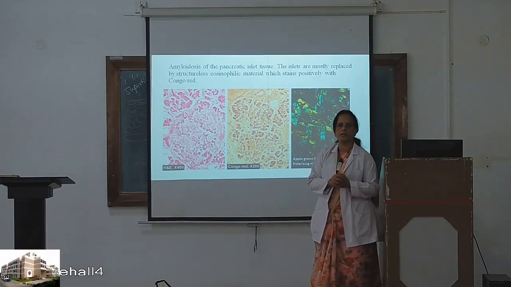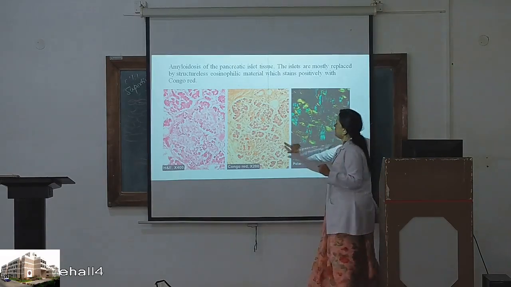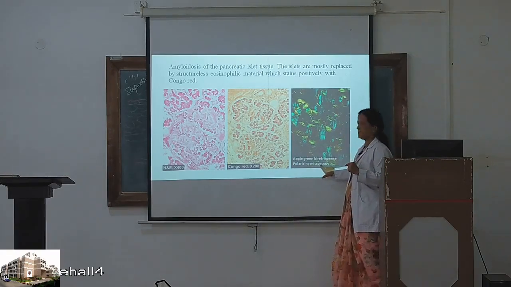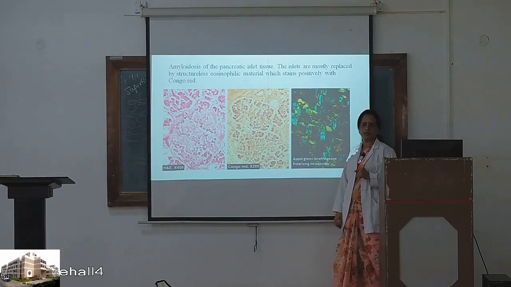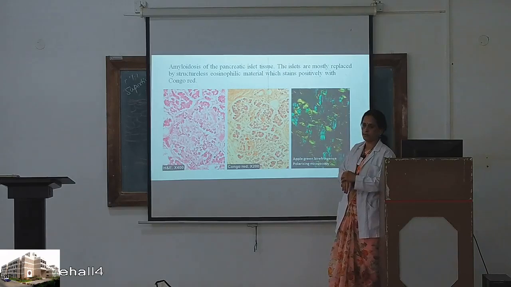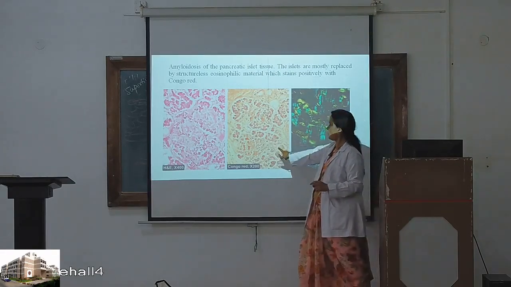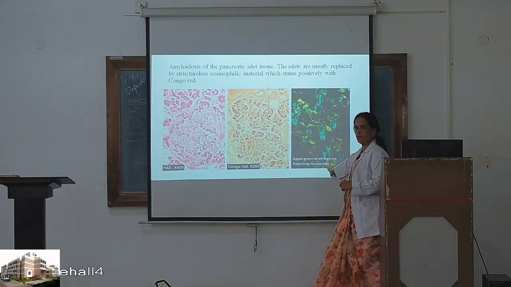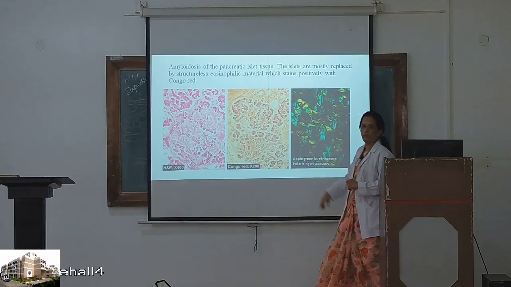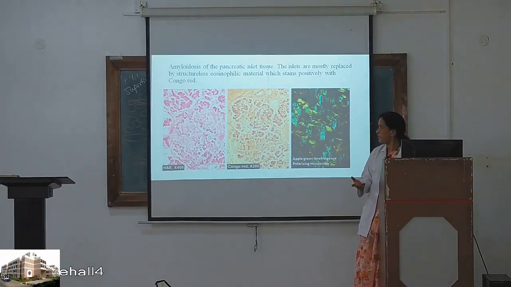No. There is another test that has to be done. The slide has to be observed under a polarizing microscope. So we have to see apple green birefringence. This is the previous topic. So one of the tests for amyloid is Congo red. They appear red. On observation under polarizing microscopy, they appear apple green. They show apple green birefringence.